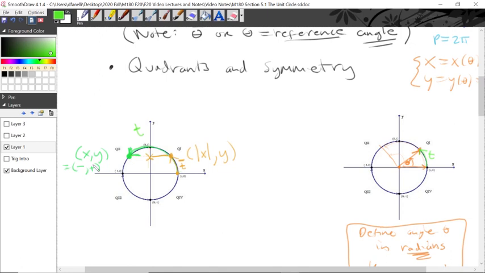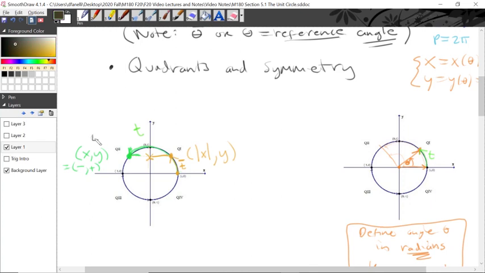And the benefit of using this reference number t bar is that the magnitudes of our coordinates are always going to be the same as the magnitudes of the coordinates of the terminal point.